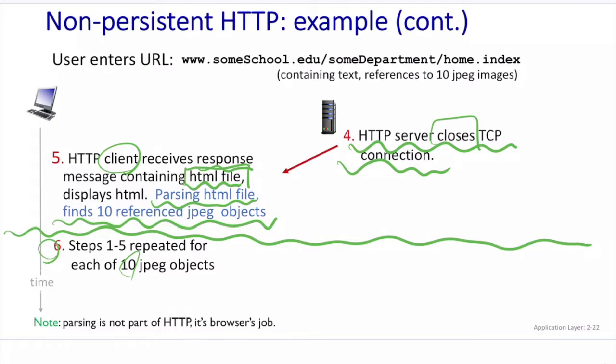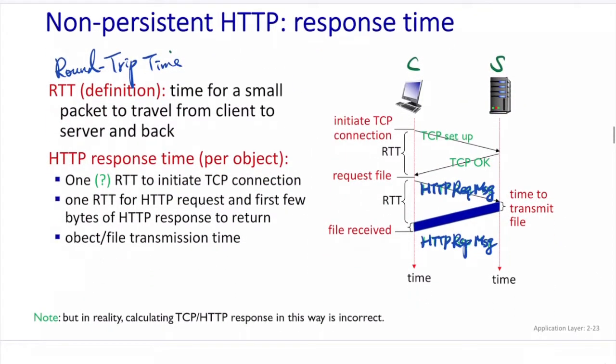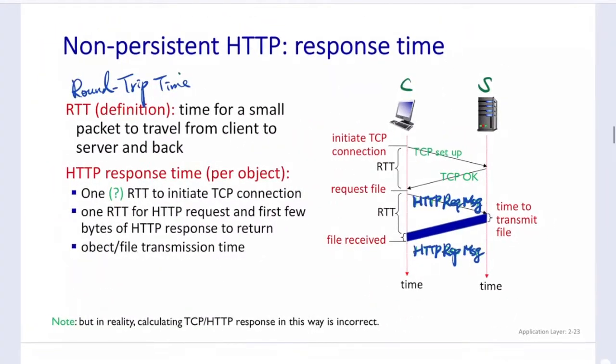Okay, so as you can see, this is not quite efficient, right? So here we have some mathematics. Take a look at the right hand side, the blue part. The server and client will negotiate with each other to set up the TCP connection, right? So it takes some time.